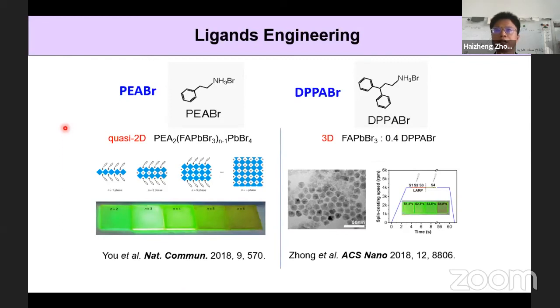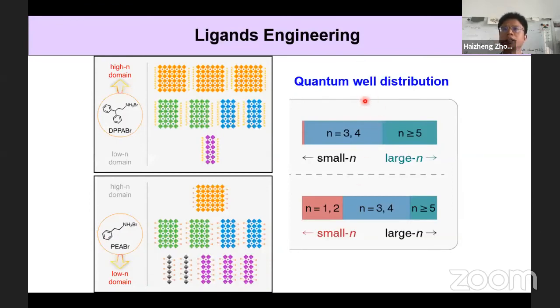We use PEA bromide as ligands because it can control the formation of low-dimensional quasi-2D perovskites, while DPPA has a larger size and controls the formation of three-dimensional perovskites. By mixing them together, we can control the quantum well distribution from small n values to large n values.